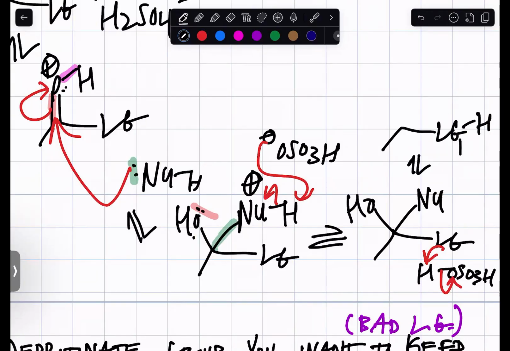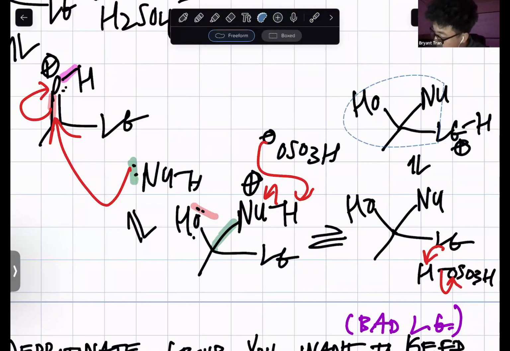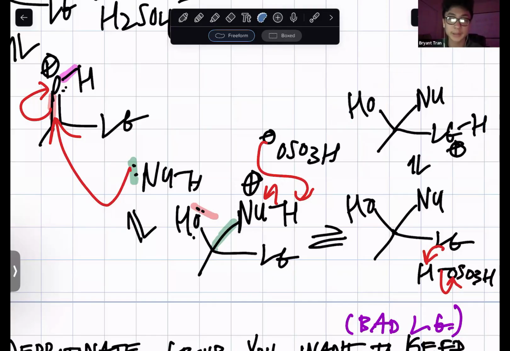Yeah, we use the H2SO4 and H2SO4 minus, or the OSO3H, in multiple steps of the mechanism, right? That's the acid catalyst being protonated and deprotonated multiple times throughout the mechanism. Okay. Right. That makes sense.